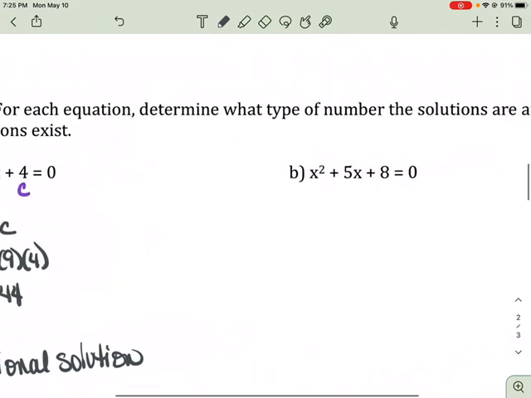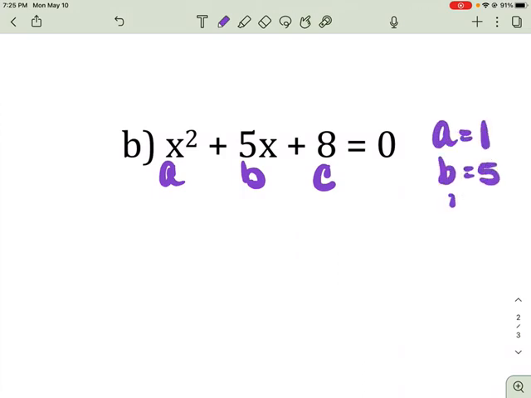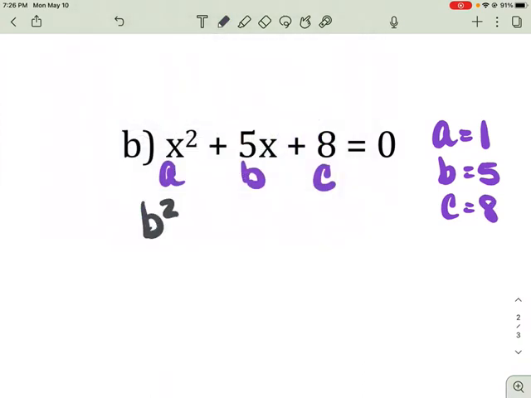All right, let's try this one. Again, very helpful to say who's a, who's b, who's c. So a is 1, b is 5, and c is 8. Okay, so we're using b squared minus 4ac.